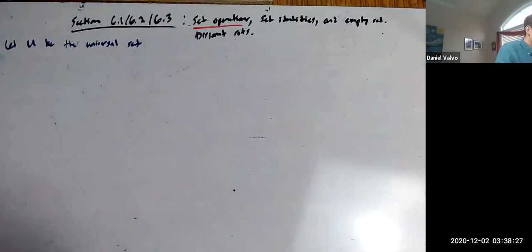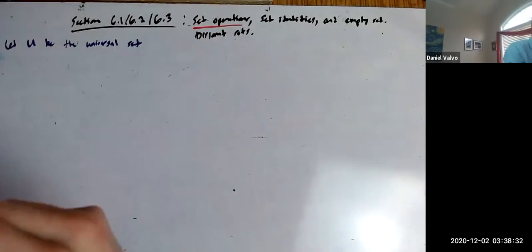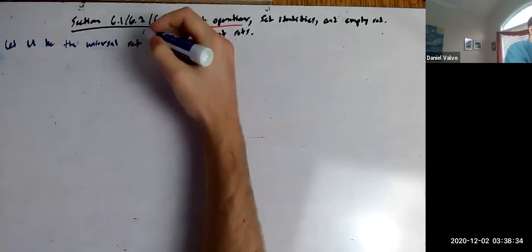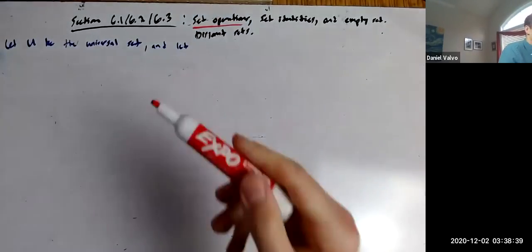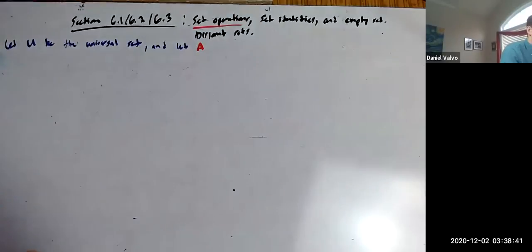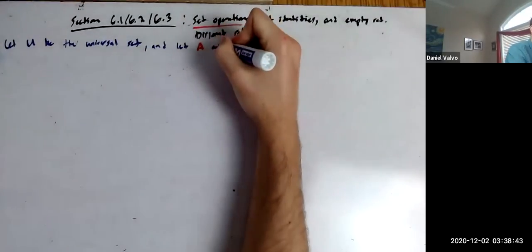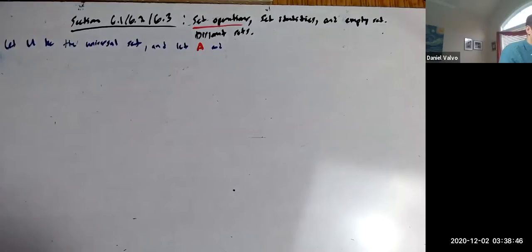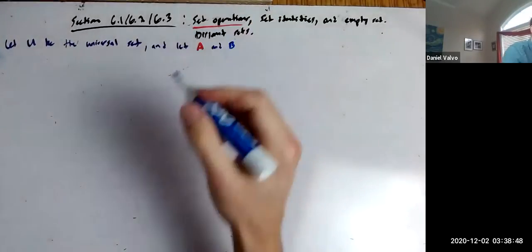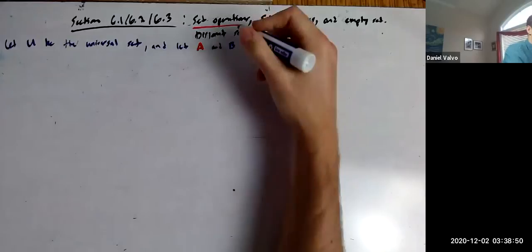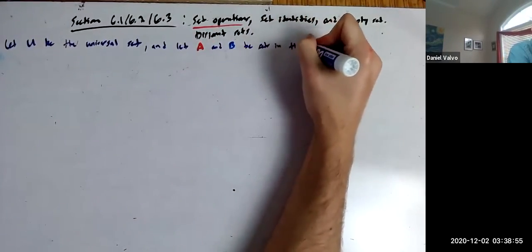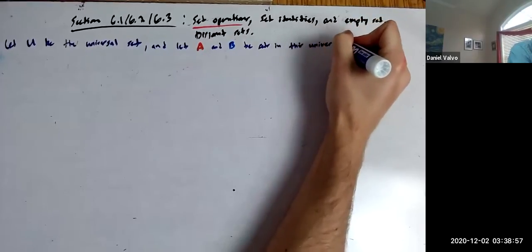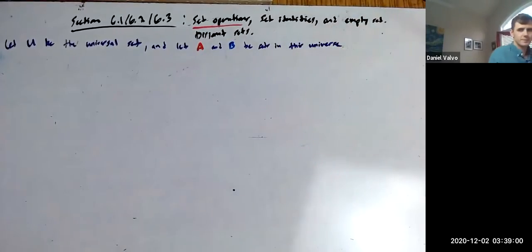But here, let U be the universal set, and let A and B be sets in this universe.